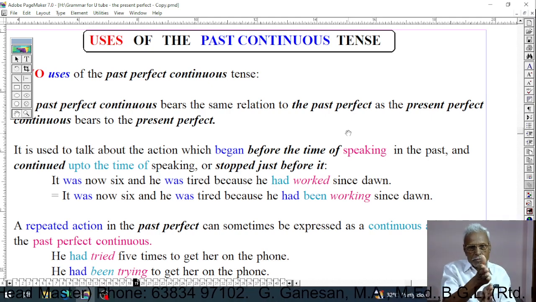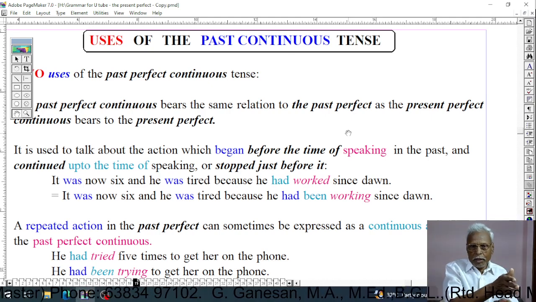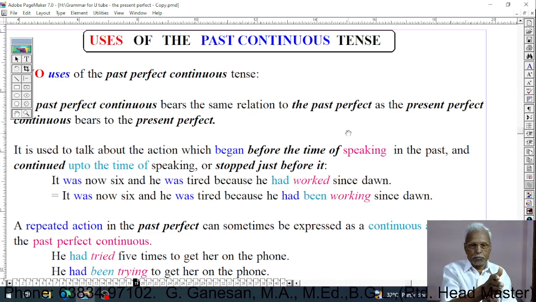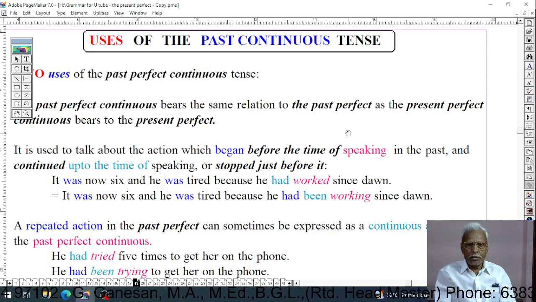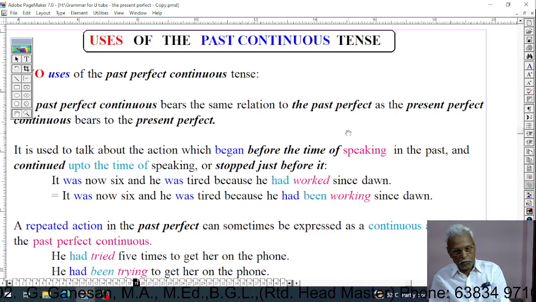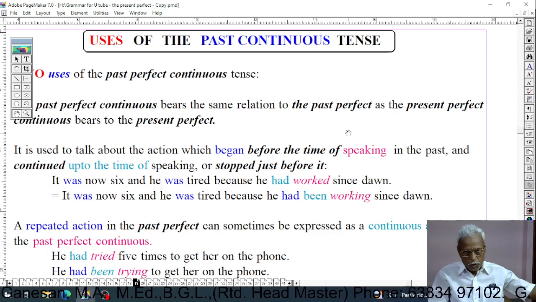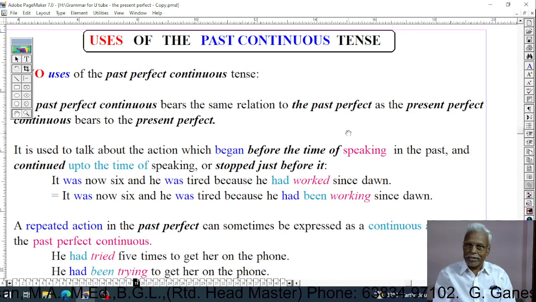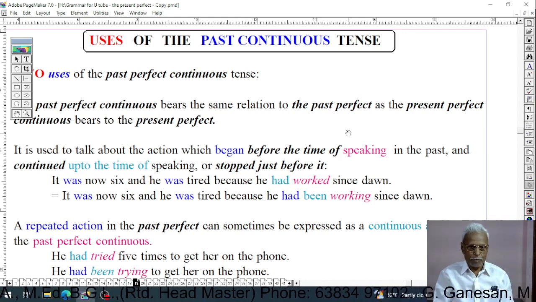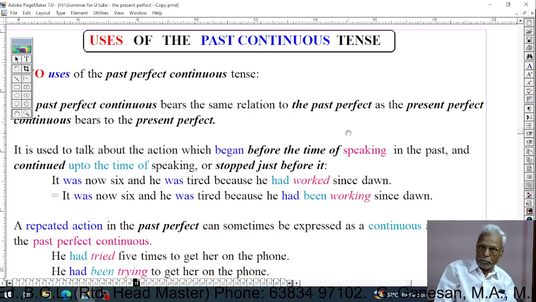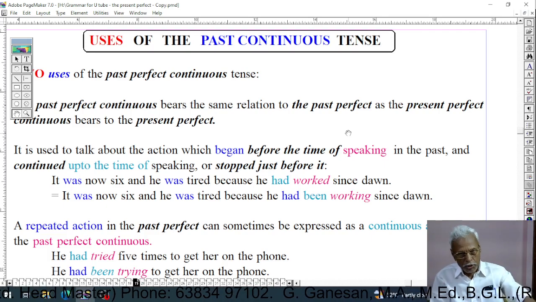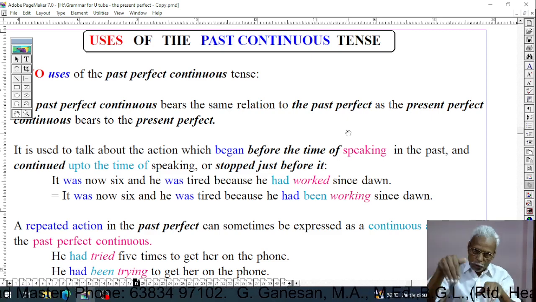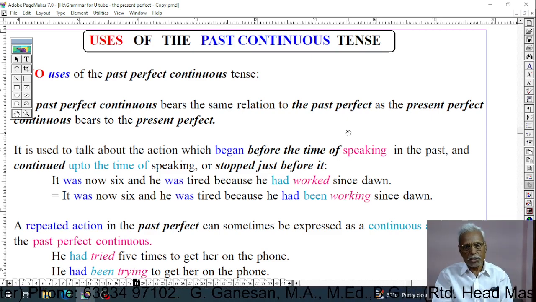If the action started in the past and stopped at the time of speaking or sometime before it, and you want to connect it with the present time, you can express that action using present perfect tense. But if the action started in the past and is going on at the time of speaking, it should be expressed in present perfect continuous.